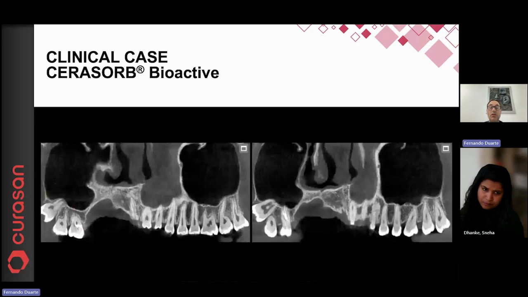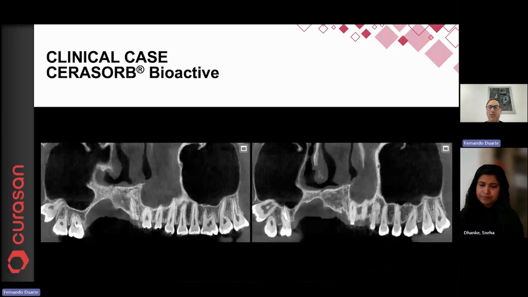The first step was to lower the patient's expectations, and we told her that it shouldn't be possible to do the bone reconstruction in one step. We will have 2 steps to do this.